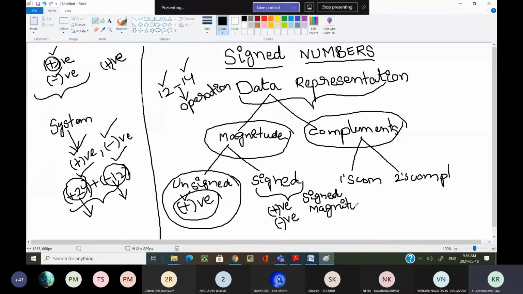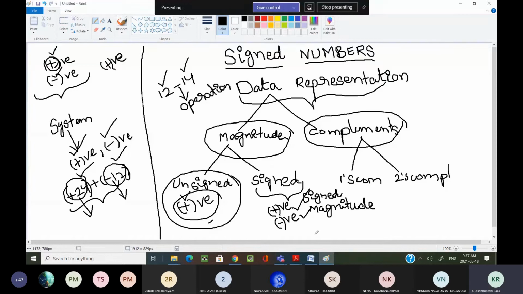In signed magnitude representation, I can represent both negative numbers as well as positive numbers. Here, I can't represent negative numbers. For negative numbers, there is no space here. Only positive numbers. But here, you can clearly represent a positive number and a negative number.